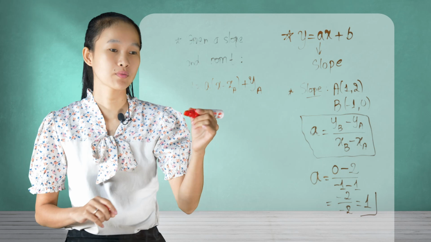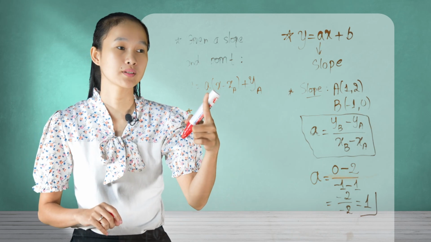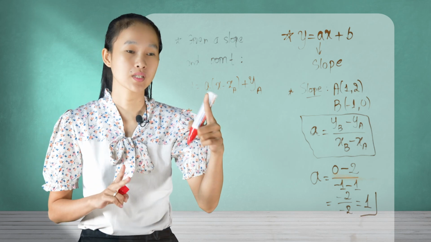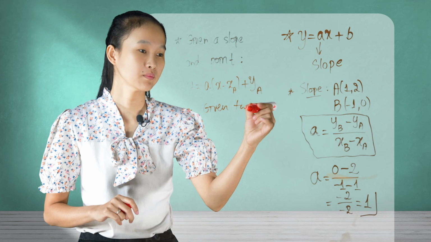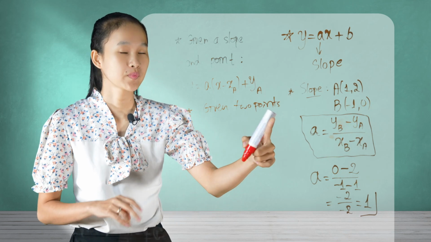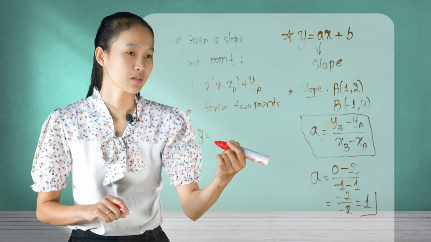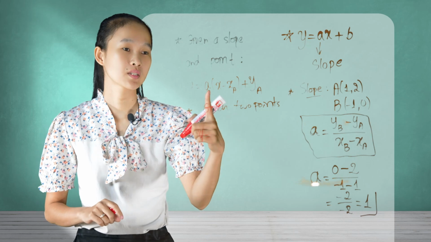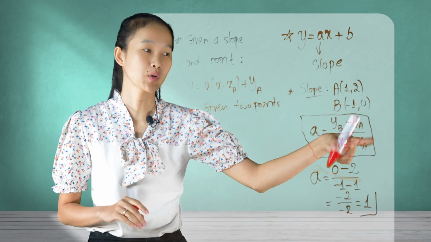And for the other type of exercise, there's no slope given, but there are 2 points given. There's another formula for that, but it is not hard to remember because you just need to substitute the slope with this formula.